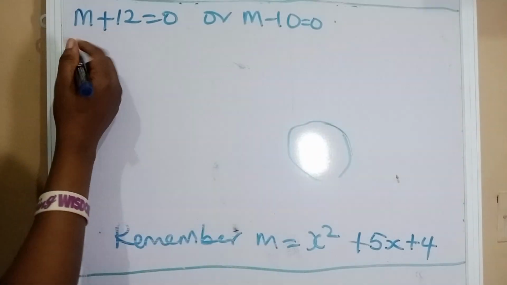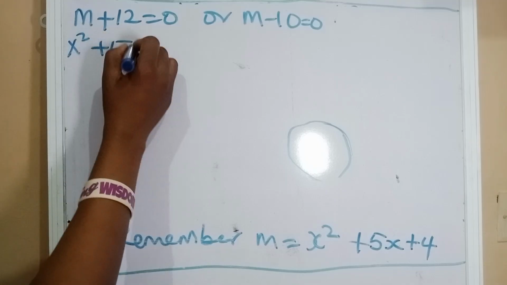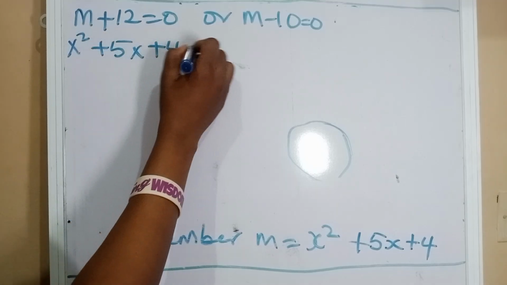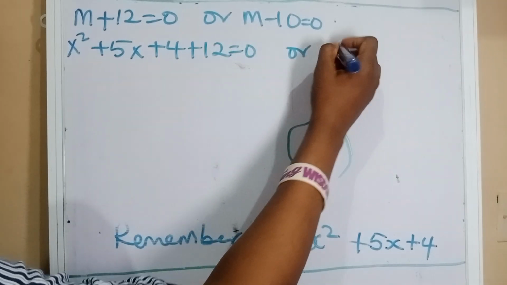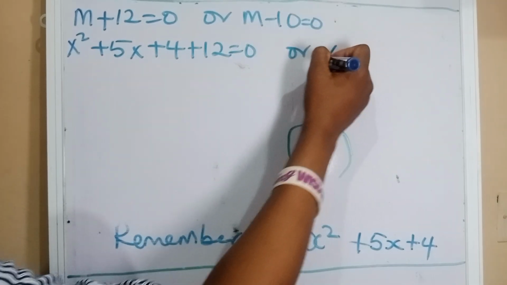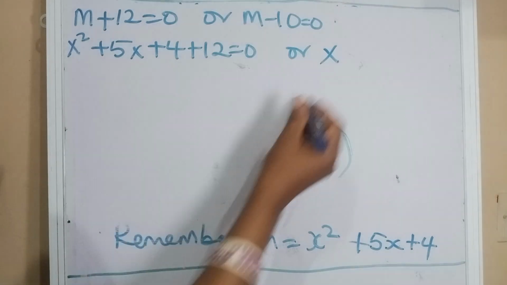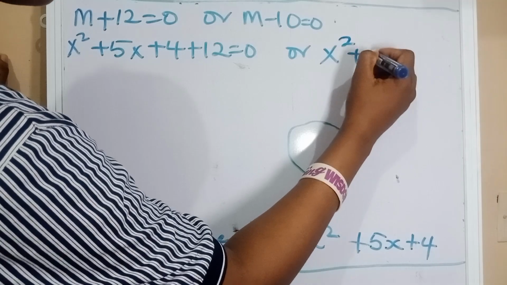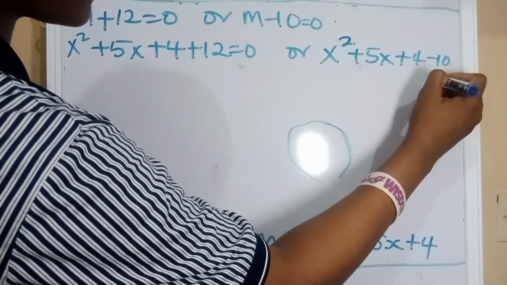So our m is what? x squared plus 5x plus 4 plus 12 equal to 0, or x squared plus 5x plus 4 minus 10 equal to 0.